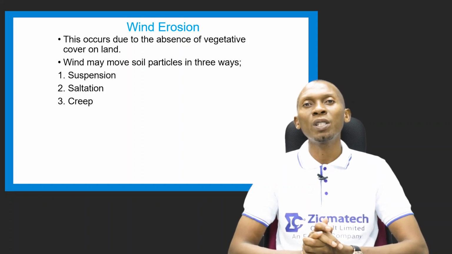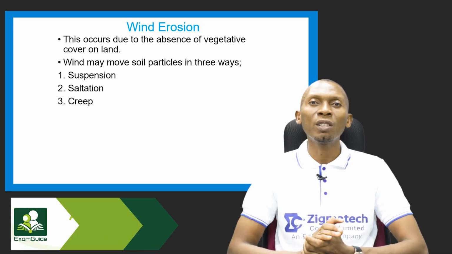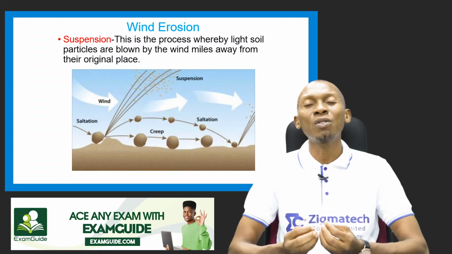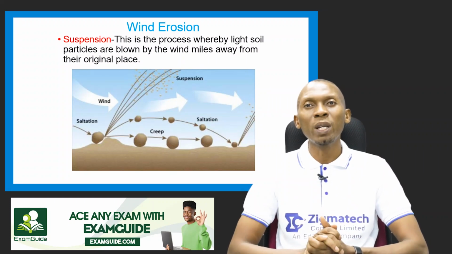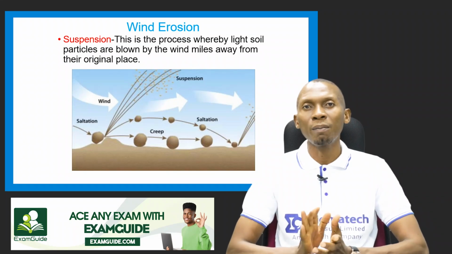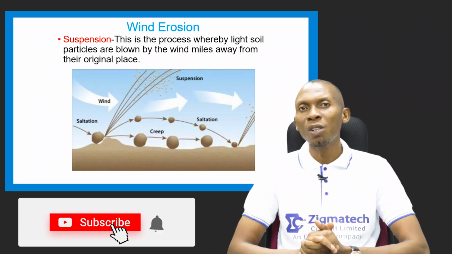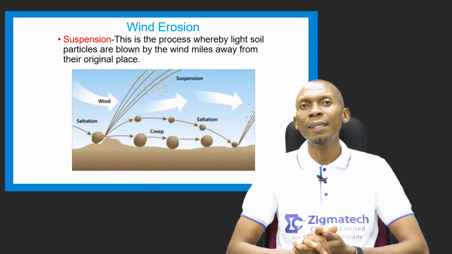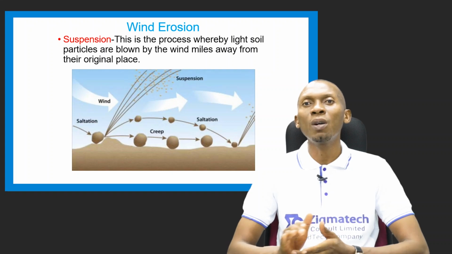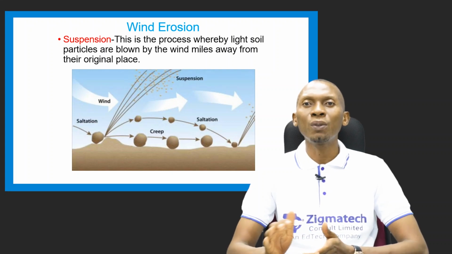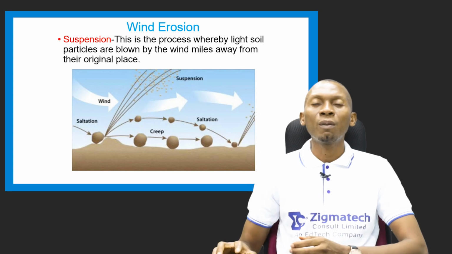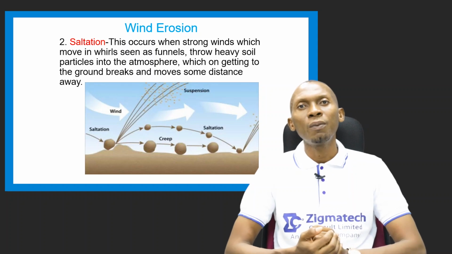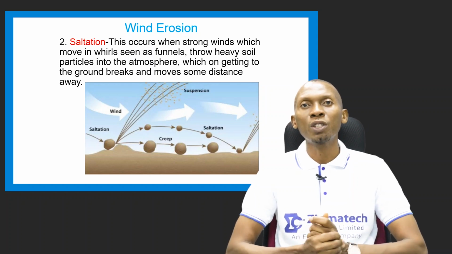Starting with suspension, this is the process whereby light soil particles are blown by the wind miles away from their original place. This picture helps us to see how suspension takes place. You can see the light soil particles being blown away by the wind miles away from their original place.